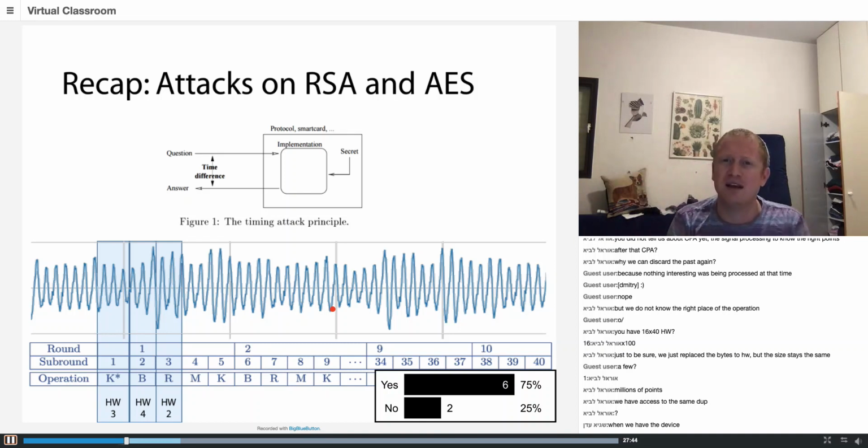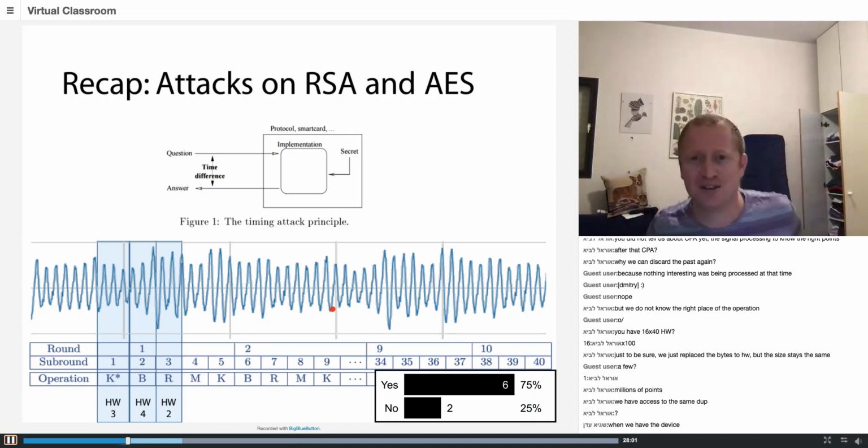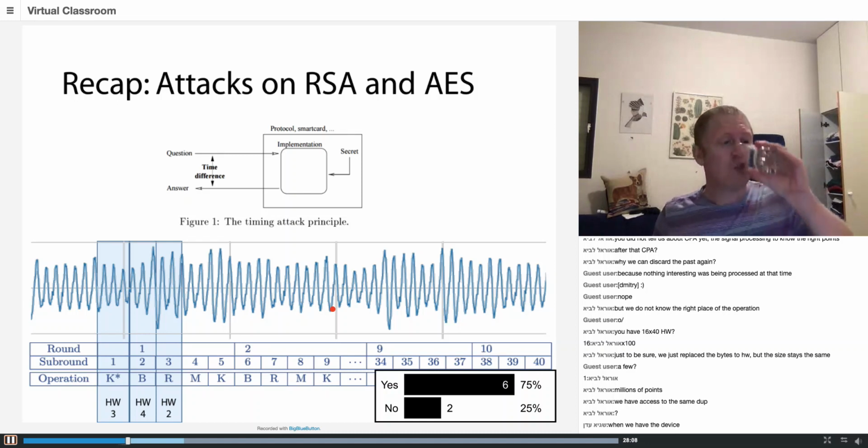So can anybody think of a sneaky situation where we can do template attacks even though we're not sitting at home or in the lab with our device? There's one very interesting situation, a very funny or unique setup, and that setup is electronic voting.